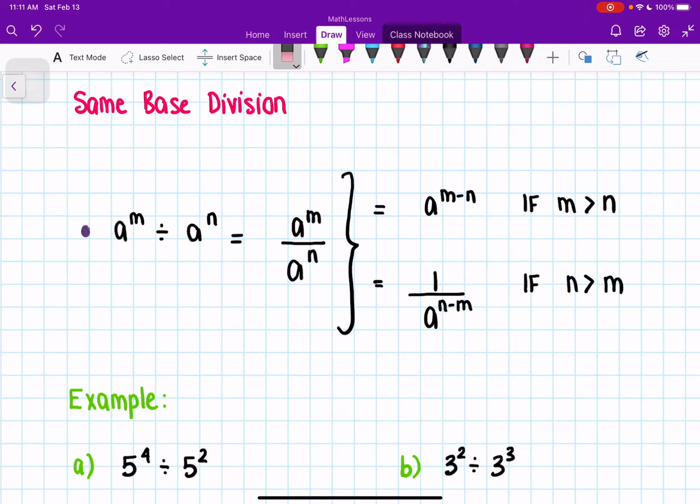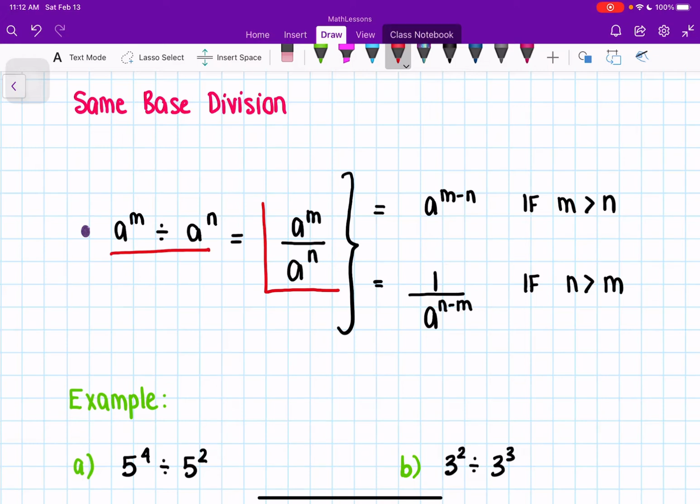So if we are just going to look at this rule, it is a little more involved because we are dividing the same base. I always tell my students, if you see division written in a horizontal form, then just change it into the vertical form, a fraction form, because remember that fraction line means to divide.